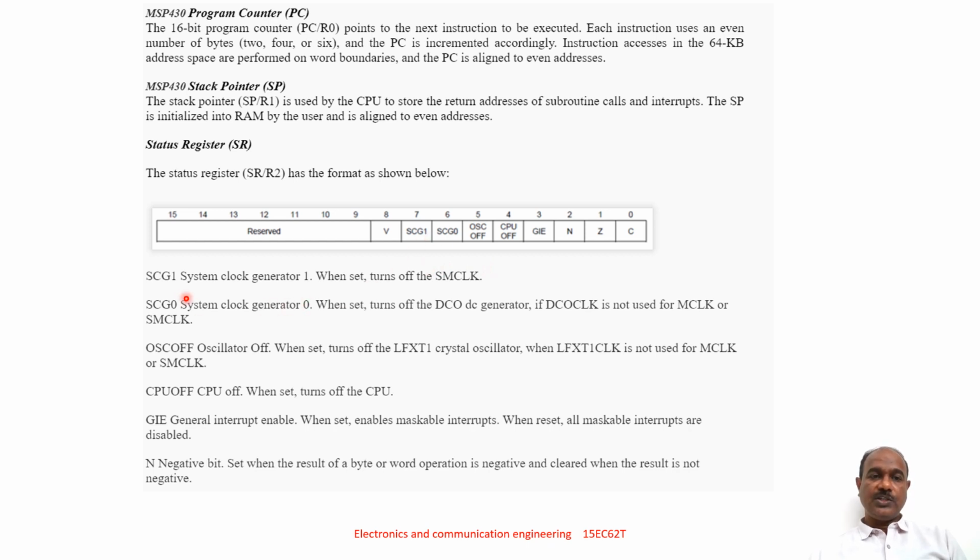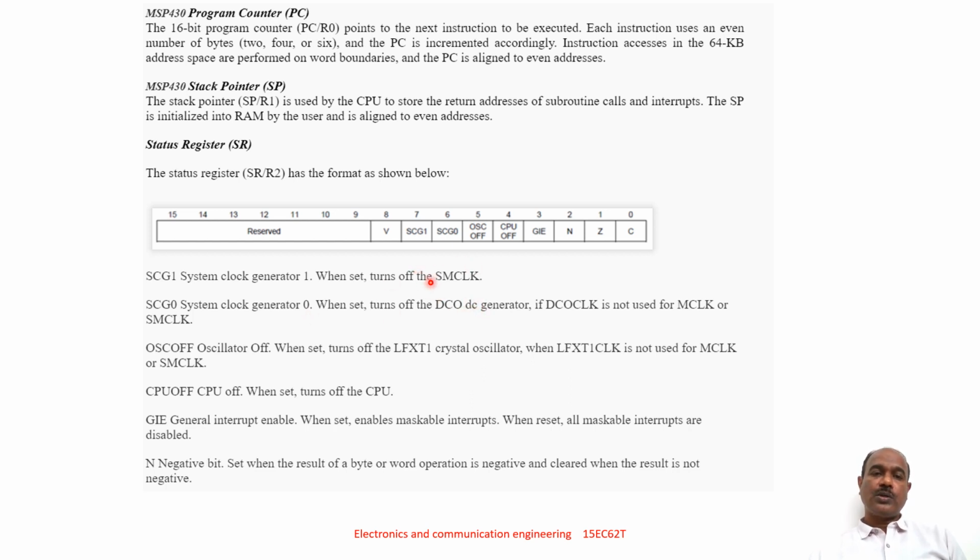If the SCG1 bit is set, it turns off the SMCLK clock. As you remember, there are three clocks available in the MSP430: MCLK, SMCLK and ACLK.